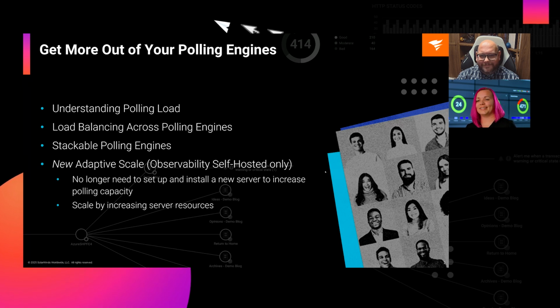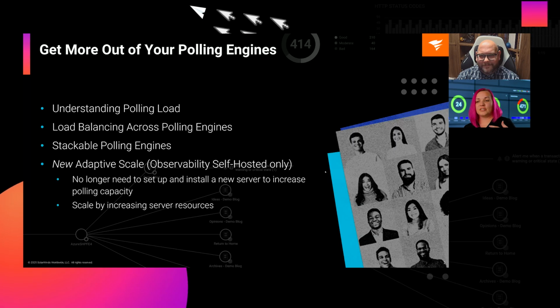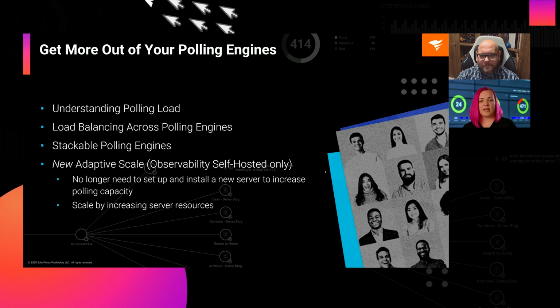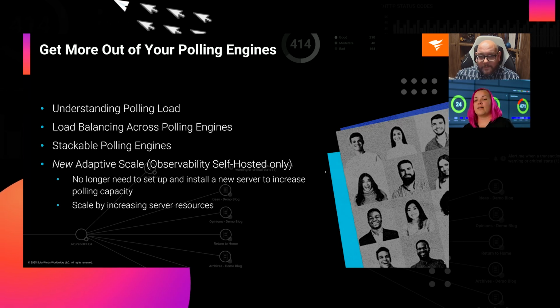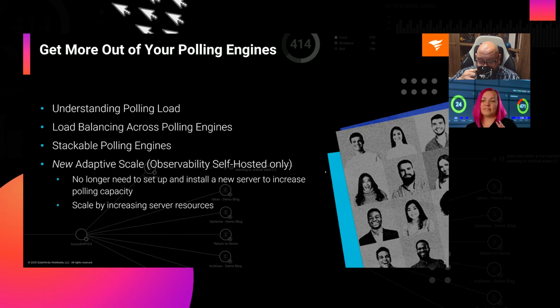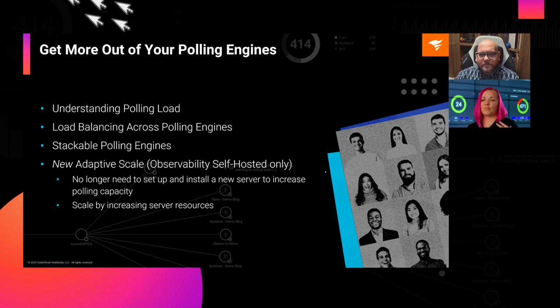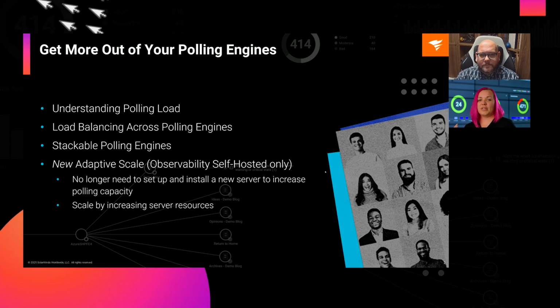That's really important. I did want to bring up too, new in the current RC 2025.4, which will be GA release soon. We are adding capabilities for adaptive scale, and this is really exciting to me because it means that our additional polling engines can continue to be scaled based on the number of resources that they have attached to them.